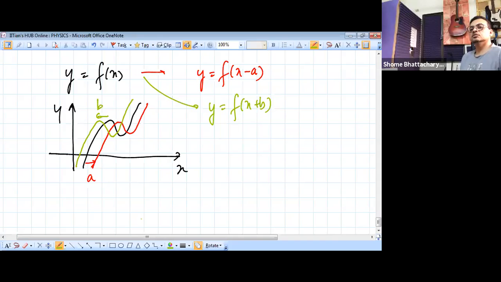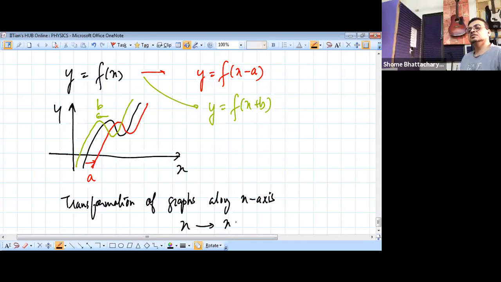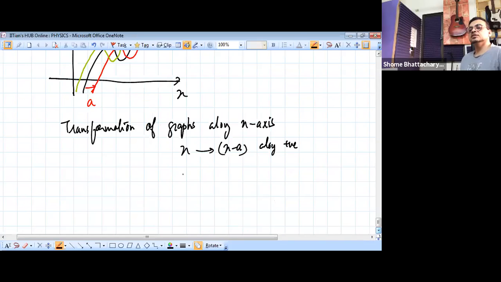So this is about transformation of graphs along the x-axis. x is replaced with x minus a for shifting along the positive x-axis, and x can be replaced with x plus some constant for shifting along the negative x-axis.